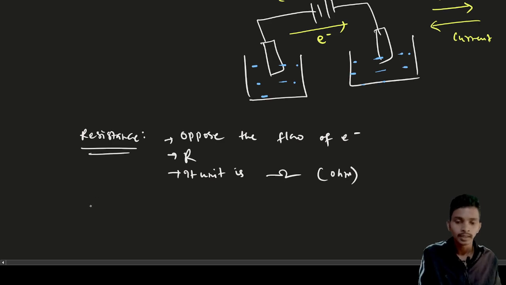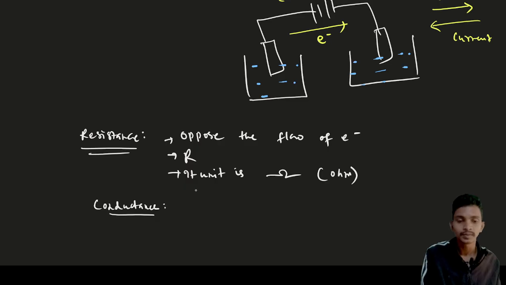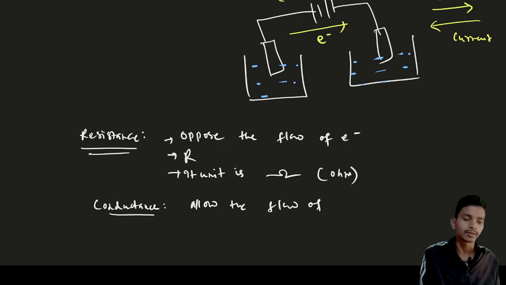Similarly, another term, that is conductance. What do we mean by conductance? Conductance means which allows the flow of electrons, just the opposite of resistance.